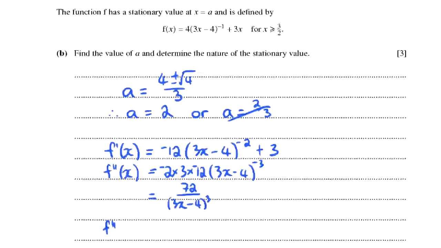When we have the value of 2 for x, which is our stationary point, on the bottom we have 3 times 2 is 6, 6 minus 4 is 2, it's positive, the top's positive, so it's going to be positive. Therefore the stationary point is going to be a minimum. I think we're done: the value of a and the nature of the stationary point.